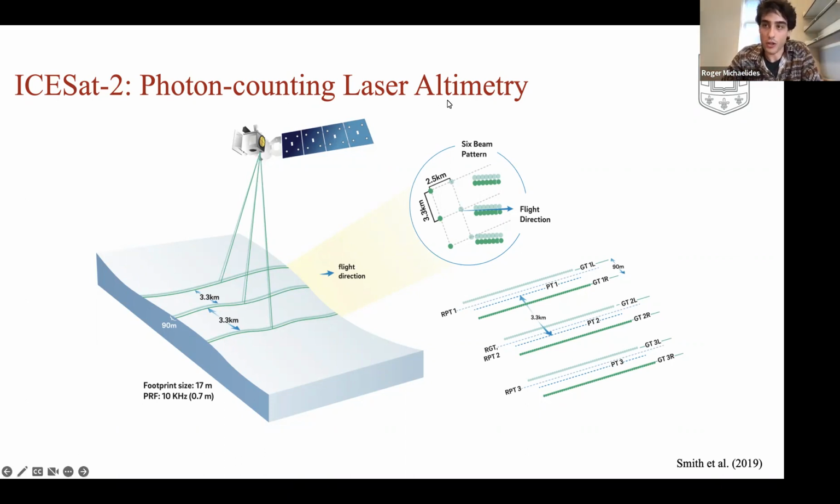These pairs are in strong and weak beam pairs. The reason for that has to do with difference in quality over, say, land surfaces versus the ocean. So depending on what your target of interest is, you might be more interested in the weak pair versus the strong pair. For our purposes, we're mostly interested in those strong pairs because they give you better retrievals over land surfaces.